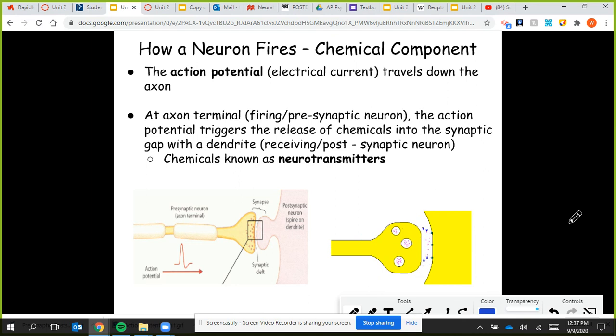At the axon terminal, and this would be a good spot, guys, on your diagram, on the first neuron, you can draw an arrow going down the axon and then put something like a lightning bolt by it so that you know that that's the electrical signal traveling down the axon.